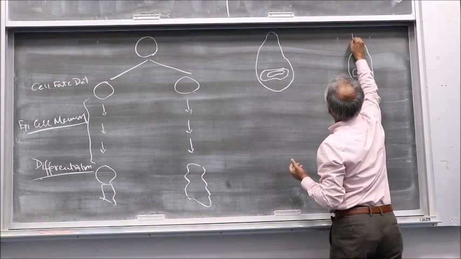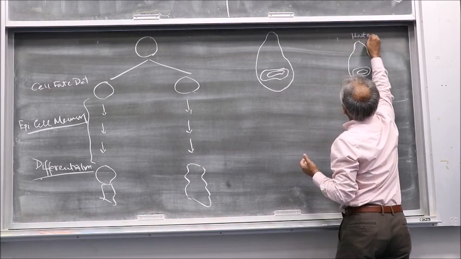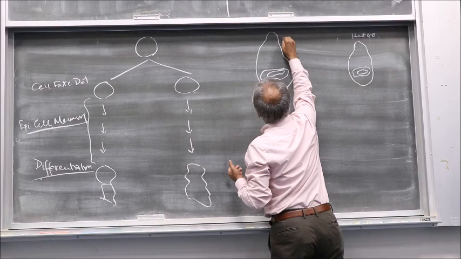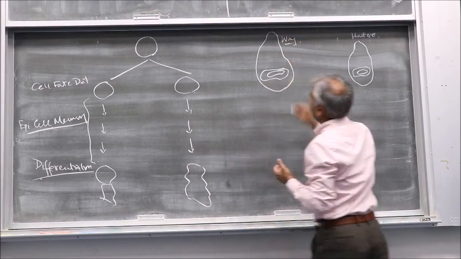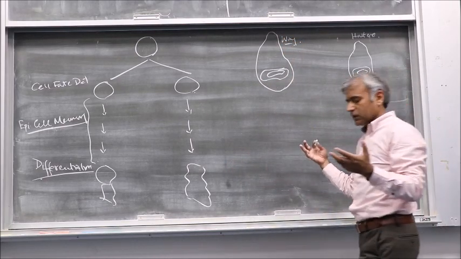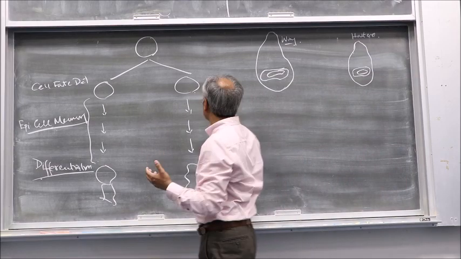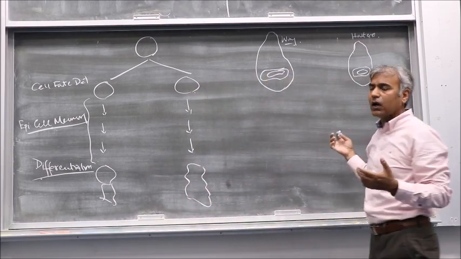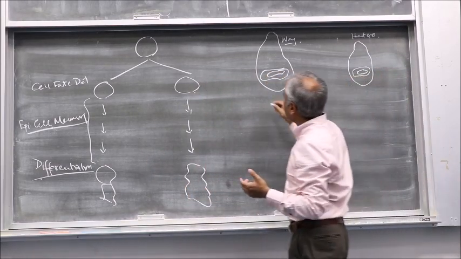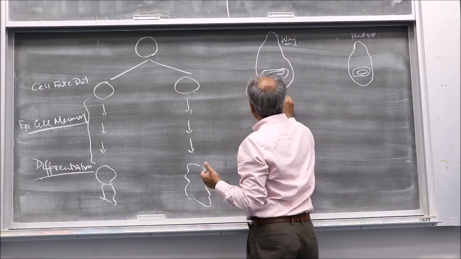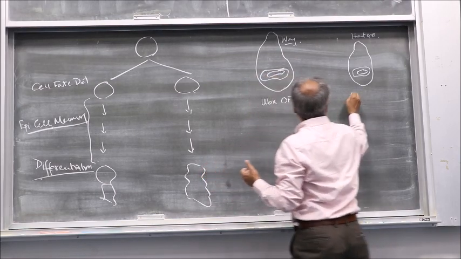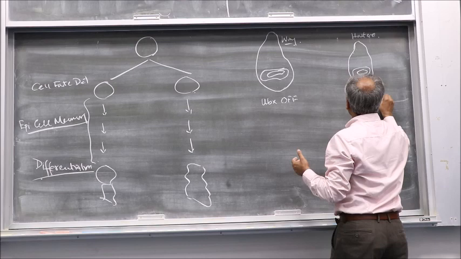So this was the haltere and this was the wing of fruit flies, whose fates are established. This is going to make wings, this is going to make haltere, and we said UBX is off here and UBX is on here.